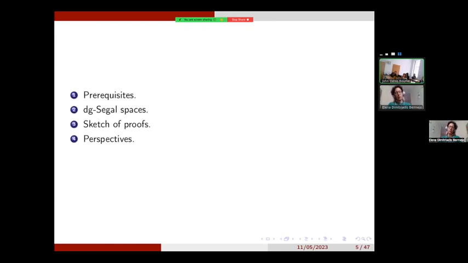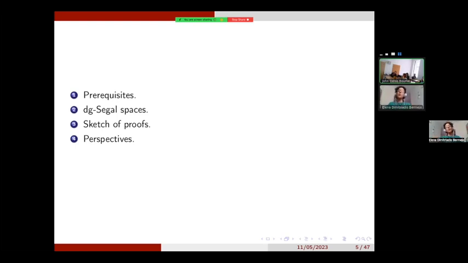So now that we've finished the introduction, how is this talk going to go? First, we're going to give a couple of basic definitions of things that we will be using over the course of the talk. Then we will define DG Segal spaces and complete DG Segal spaces.